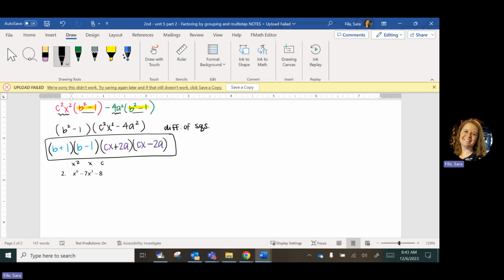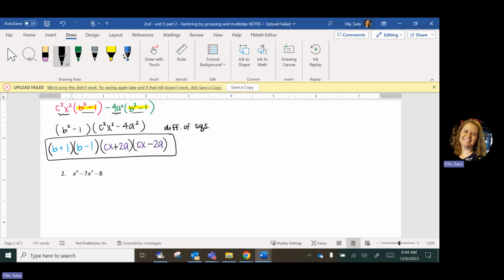So you need to understand that the same process we used when it's x squared and x and a constant, if it's in this same trinomial format, as long as this exponent at the front is double this exponent in the middle, it's going to work out. So we're going to be able to do the same thing. It's just instead of just x, it's going to be x cubed.